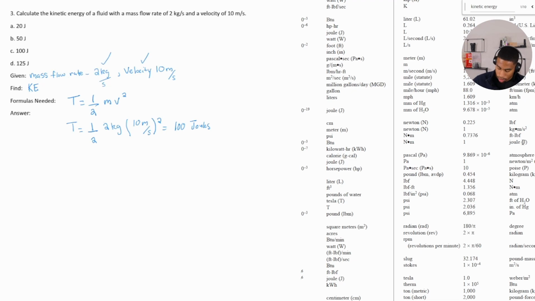So these units came out to be kg meters squared.